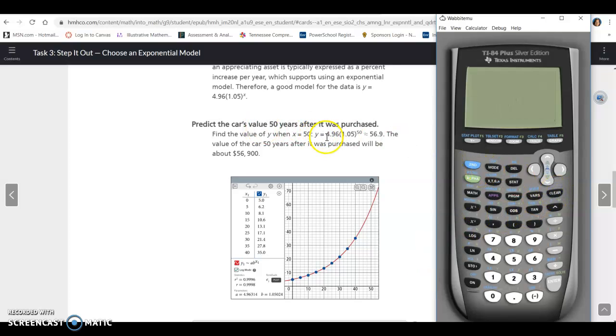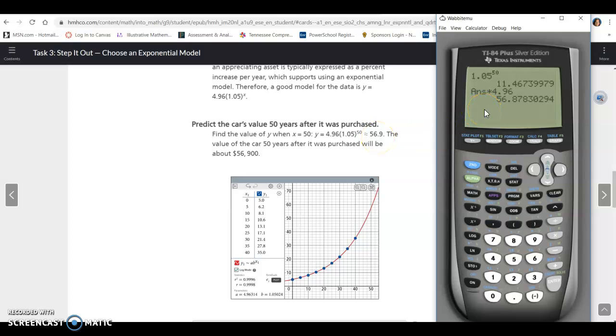Your calculator may be able to enter all of that at the same time and get the correct answer, but I'm going to do 1.05 raised to the 50th power first, because you do exponents first, and then multiply that by the 4.96. All right, so 56.87, 56.9 about, is what we're going to get for a y value.